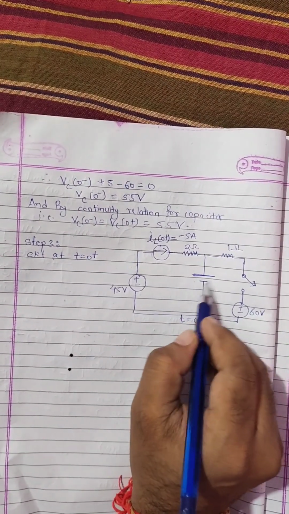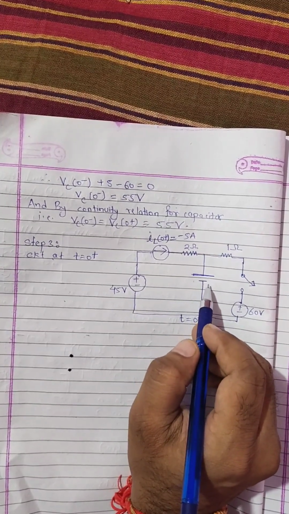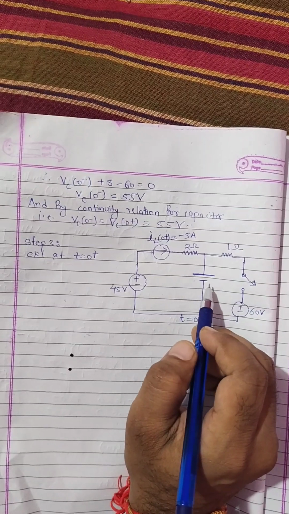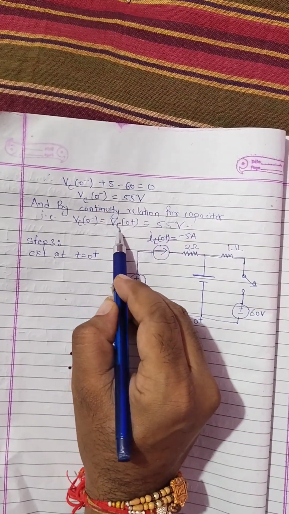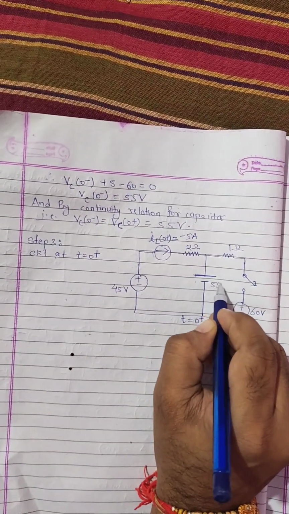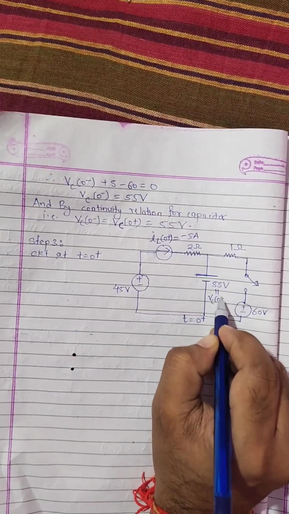And the magnitude of this voltage source also can be found in the t equals 0 minus circuit. In step 2, we can see that VC0 plus equals 55 volt. So this magnitude will be 55 volt. This is VC0 plus.